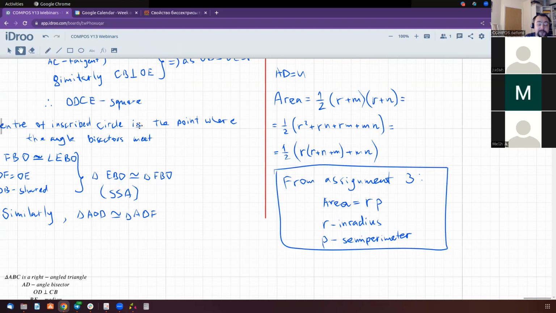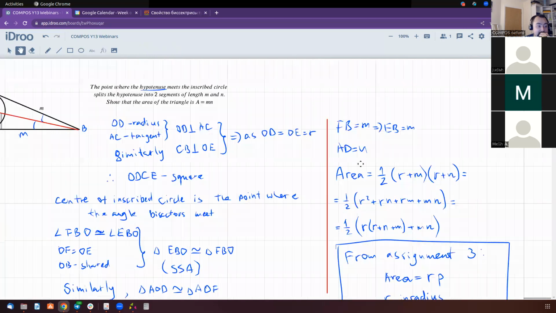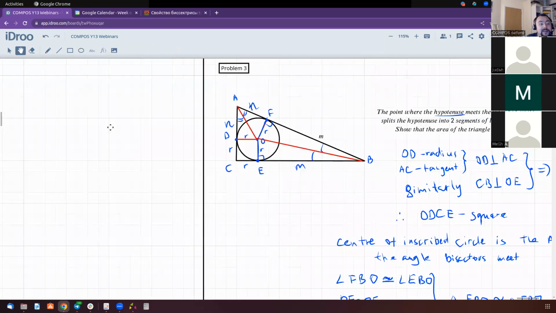What is semi-perimeter? It's the perimeter divided by 2. So you just add all the sides: n plus m plus m plus r plus n, divided by 2.